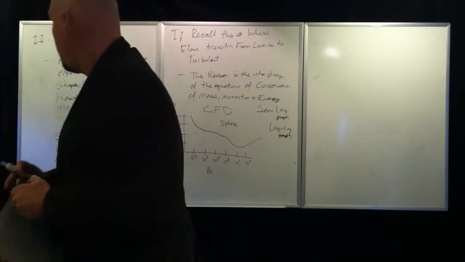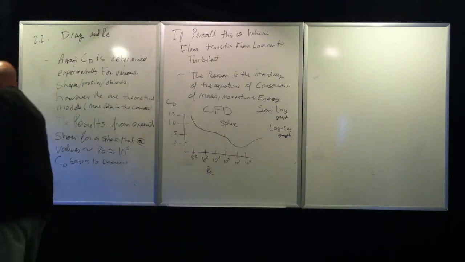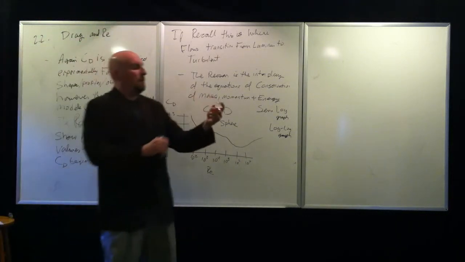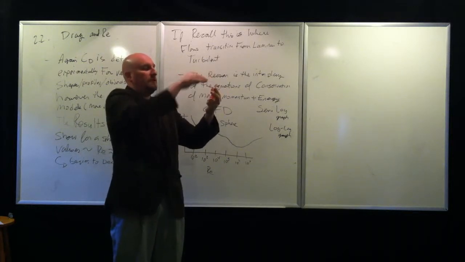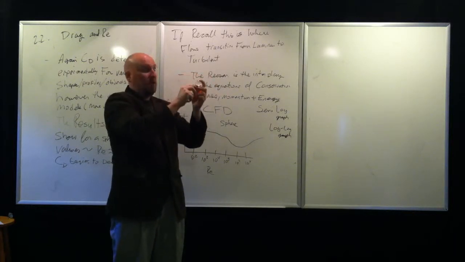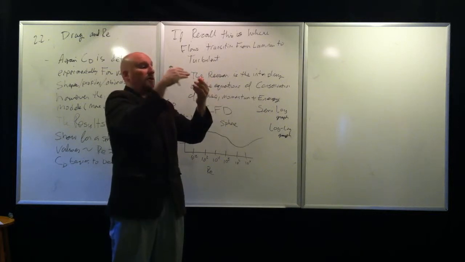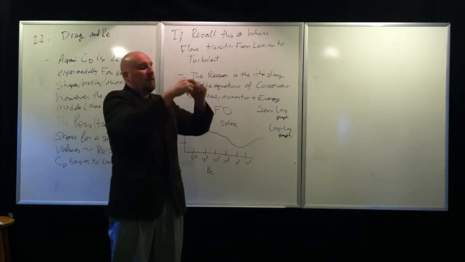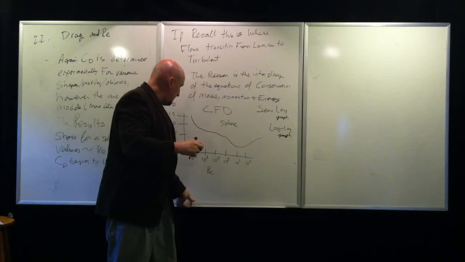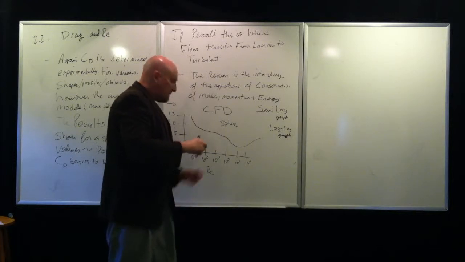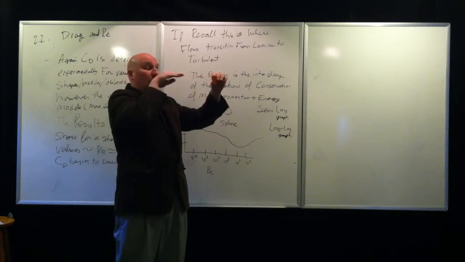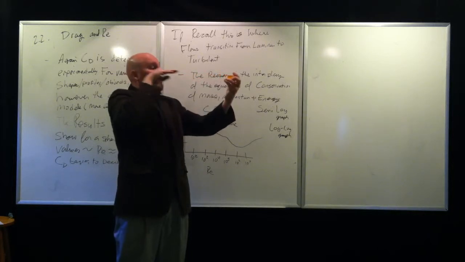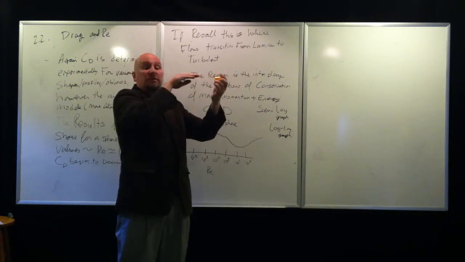So if we have cases where we have flow over a sphere, here's the sphere, air would be blowing over top of it. It's going to be symmetrical in whatever direction that the air is blowing around it. If you have a cylinder, cylinder is going to be represented like this. So if you're going to have the flow going along this line, it is going to be different than if the flow is going to this surface.